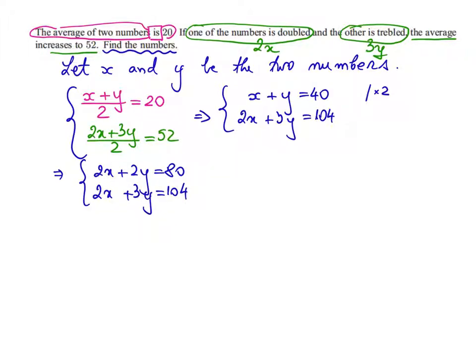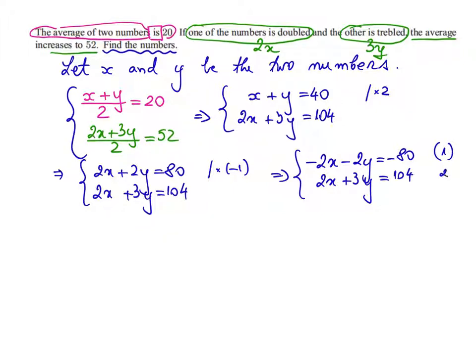I'm almost done. I will multiply everything in the first equation by minus 1 to change the sign, because I would like to have minus 2x here, and add with 2x will give me 0. So changing all the signs in the first equation gives minus 2x minus 2y equals minus 80. And the second one is 2x plus 3y equals 104.